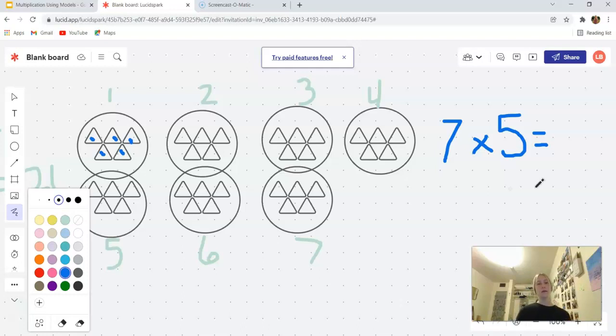Now, let's think about this as a repeated addition problem. So if we have 7 groups, how many times are we adding 5? We're adding 5 to itself 7 times.